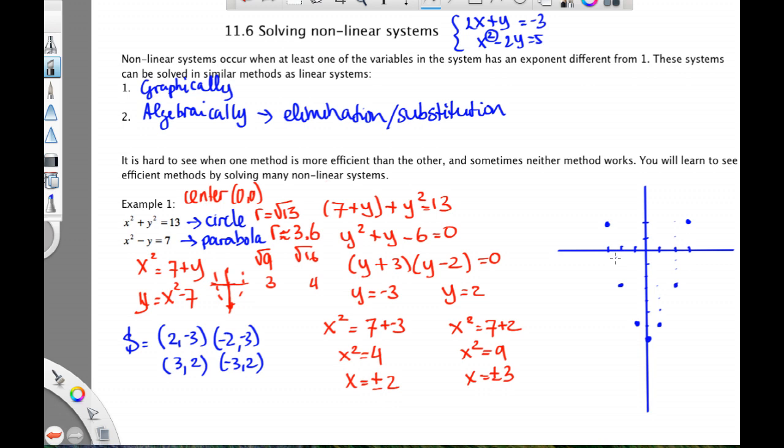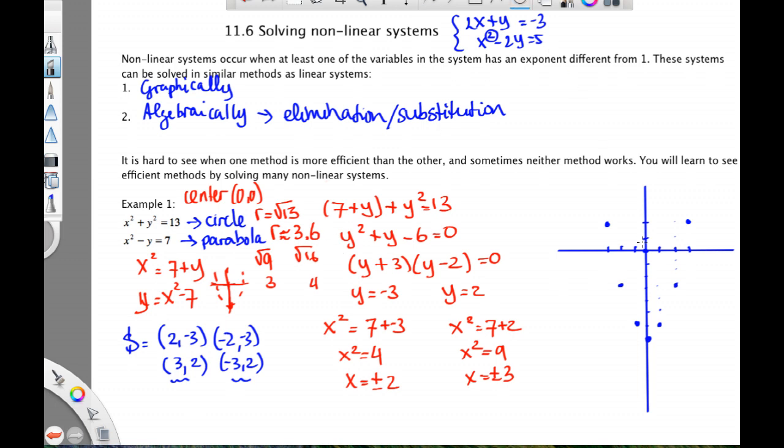That was actually a point of intersection, because that's negative 3, 2 and 3, 2. So that would be this one and this one. Okay, the circle's center was at 0, 0, and then, what was it, a radius of about 3.5.